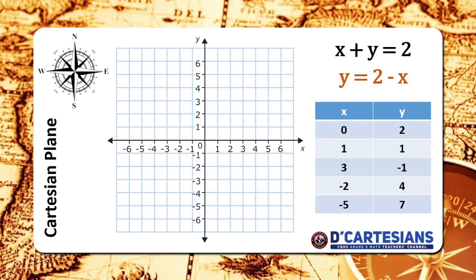So, let's do that. So, we have, hindi ko nga lang sunod-sunod yung aking pagka-plot. So, sorry. So, we have x is 1, y is 1, 1, 1. Okay, that's 1 point. Then, we have another point, which is 0, 2. Okay. Another point, which is 3, negative 1. Yan. Another point, which is negative 2 and 4.